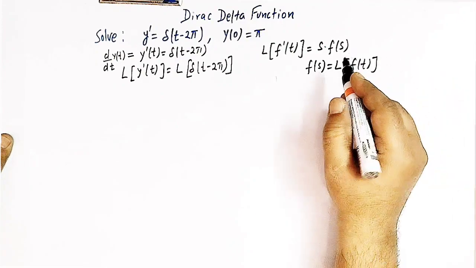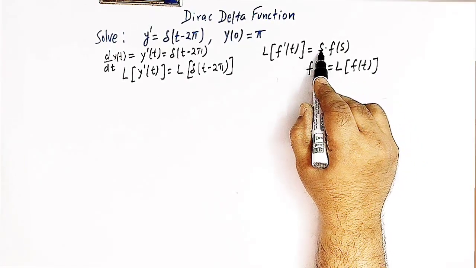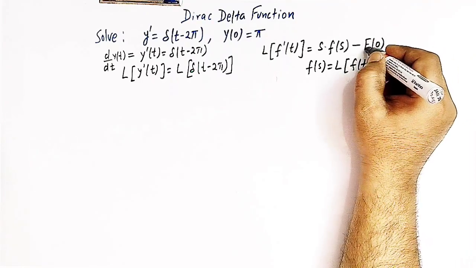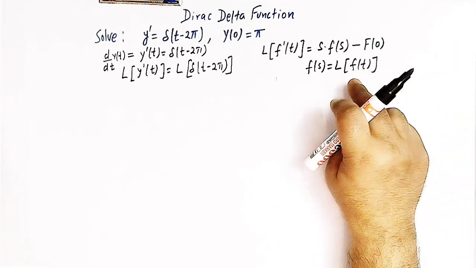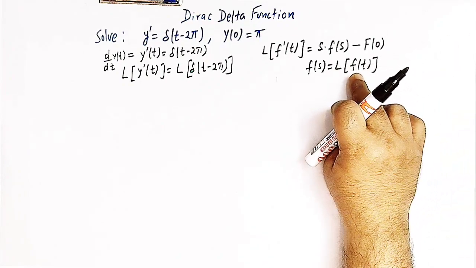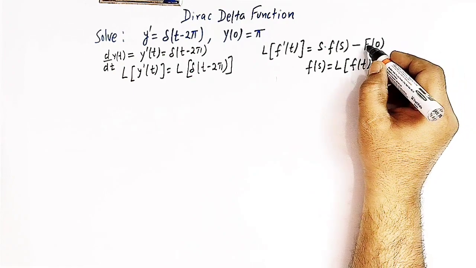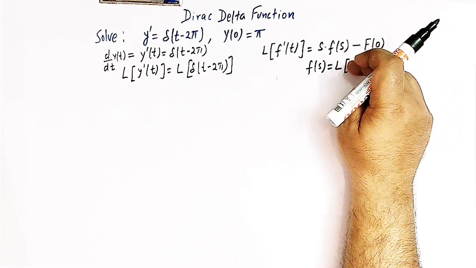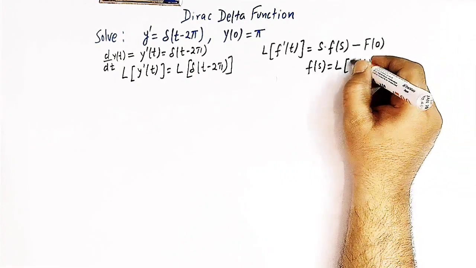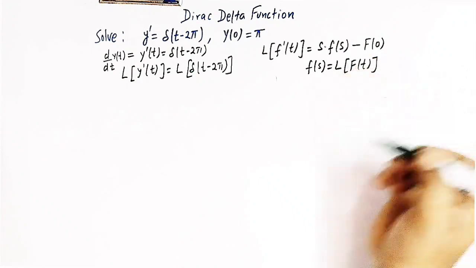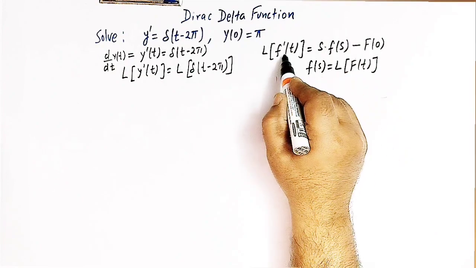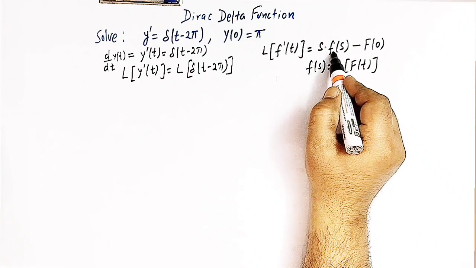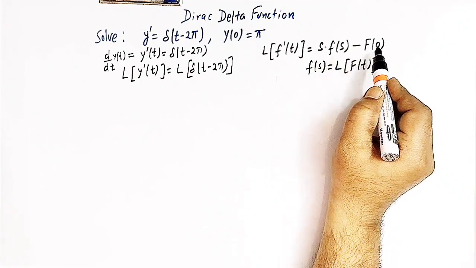So here the notations are important, and s times F(s) minus f(0), where f(0) is the value of the function at t equal to 0. So here we are using the capital F for this function, or we can also replace this small f by capital F, right? So this is the formula for the Laplace transform of f prime of t, which is s times F(s) minus f(0), right?